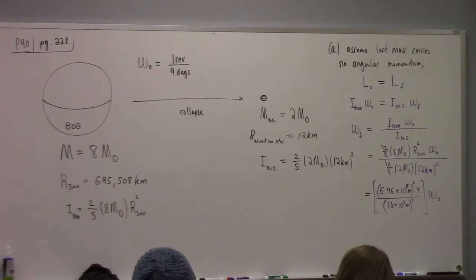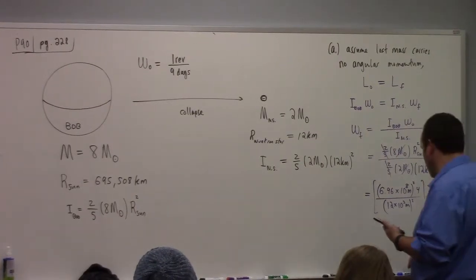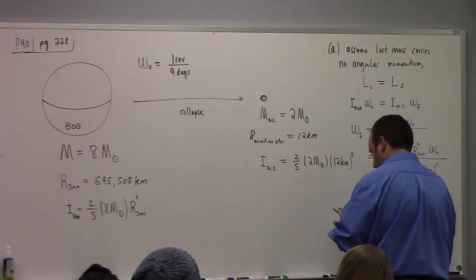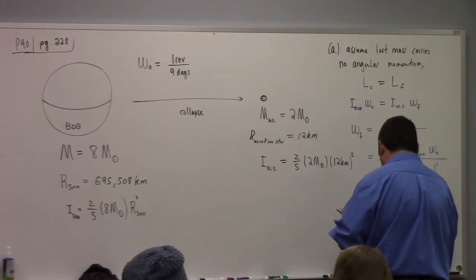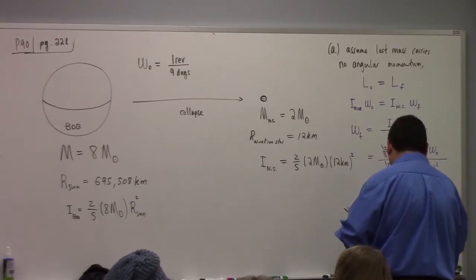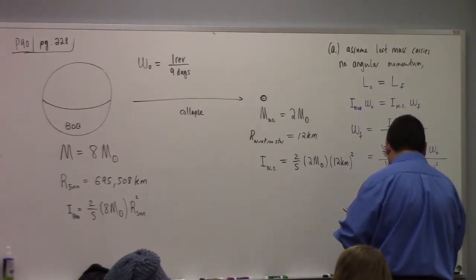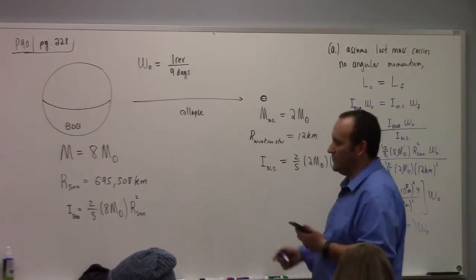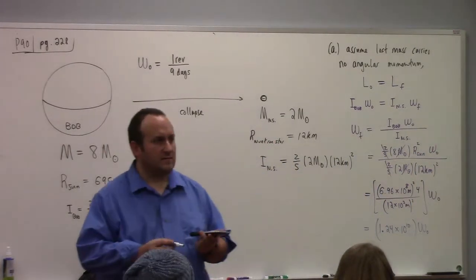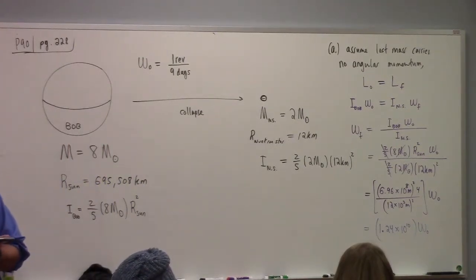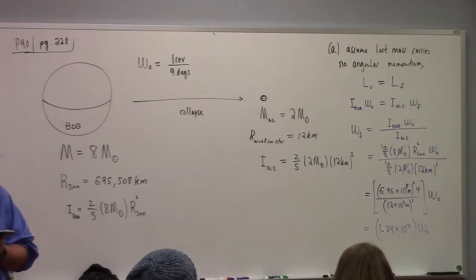Googly moogly. Whoa. That's big. 1.24 times 10 to the 10th. Did you guys get that? Times the initial omega naught. That's fast, right?